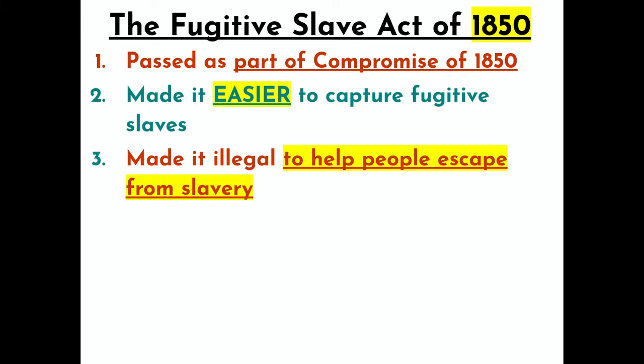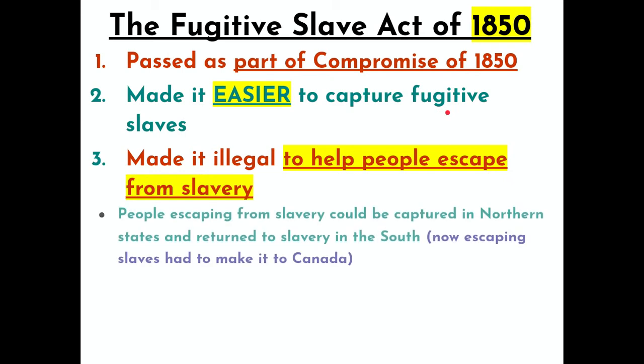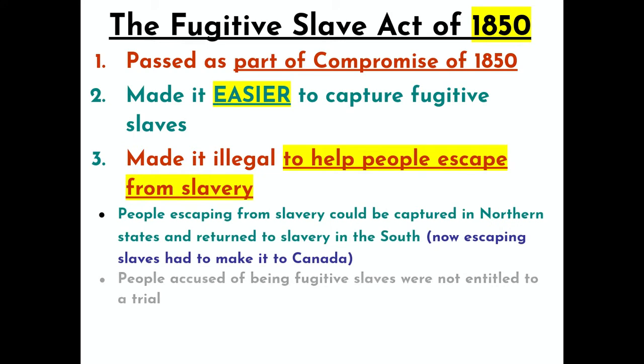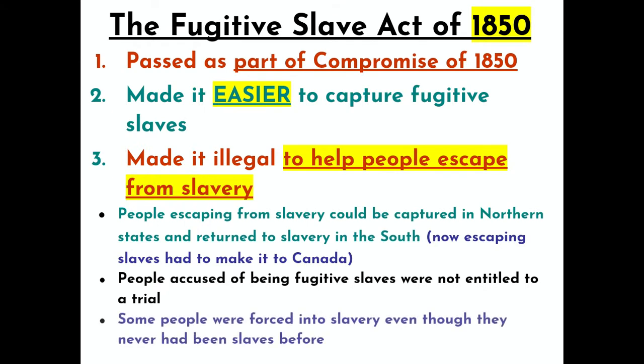It makes it easier to capture fugitive slaves. Fugitive, of course, means on the run, people escaping. It made it illegal to help people escape from slavery. And now the Underground Railroad is going to have to make it into Canada if you were planning to escape, because you are no longer safe in the northern states.